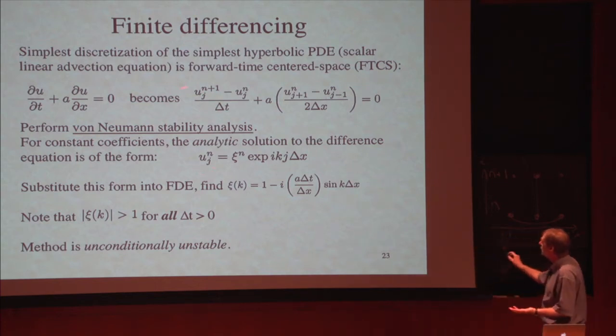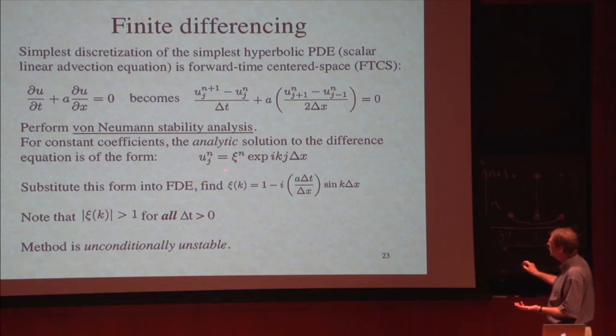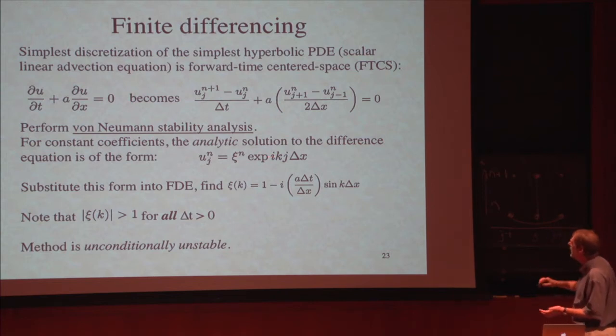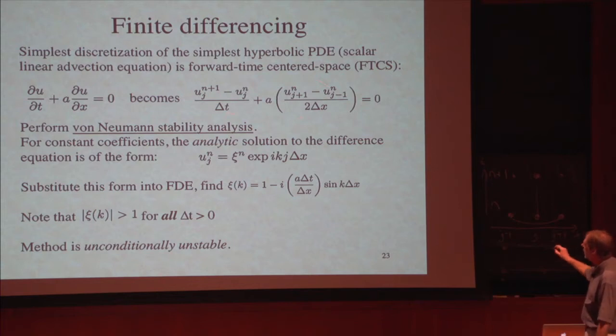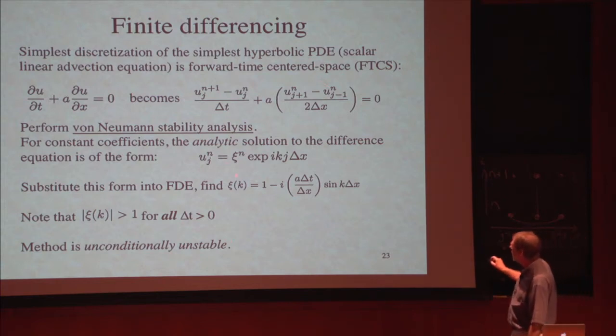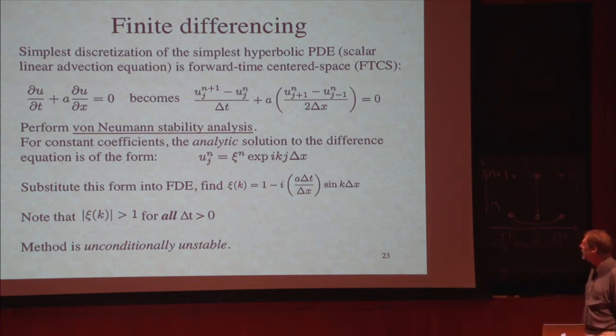The solution to the difference equation has some complex amplitude c to the nth power times the eigenmodes of the solution e to the i k j delta x. I simply insert that solution into these analytic difference equations, and I calculate what this amplitude is, c of k. And I notice that if c is bigger than 1, I'm taking it to the nth power.